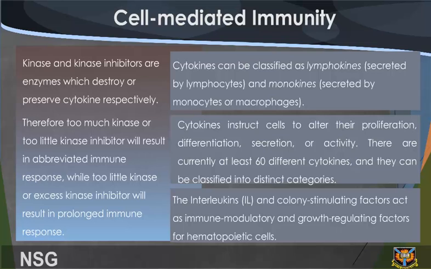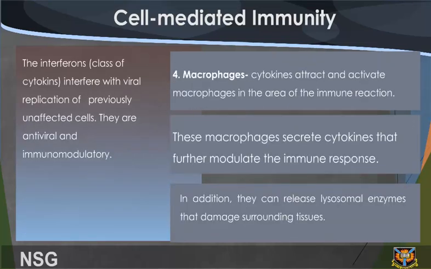The interleukins, IL, and colony-stimulating factors act as immune modulatory and growth regulating factors for hematopoietic cells. The interferon class of cytokines interfere with viral replication of previously unaffected cells. They are antiviral and immunomodulatory.